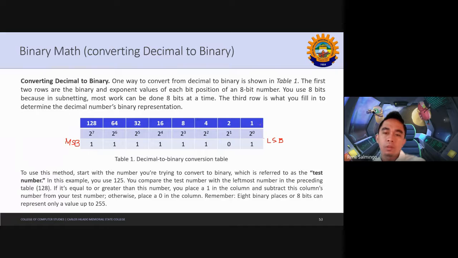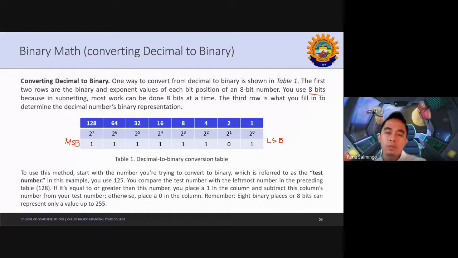So take note, in an IP address, how many bits are we going to use? You have to use 8 bits. So this is 1, 2, 3, 4, 5, 6, 7, 8. And take note, you always start your count from 0.